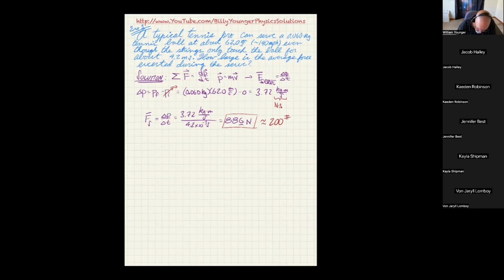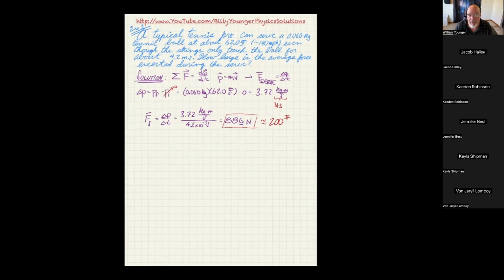Alternatively, I can take 886 and divide that by 9.8, and that gives me 90 kilograms, or 90.4 kilograms.